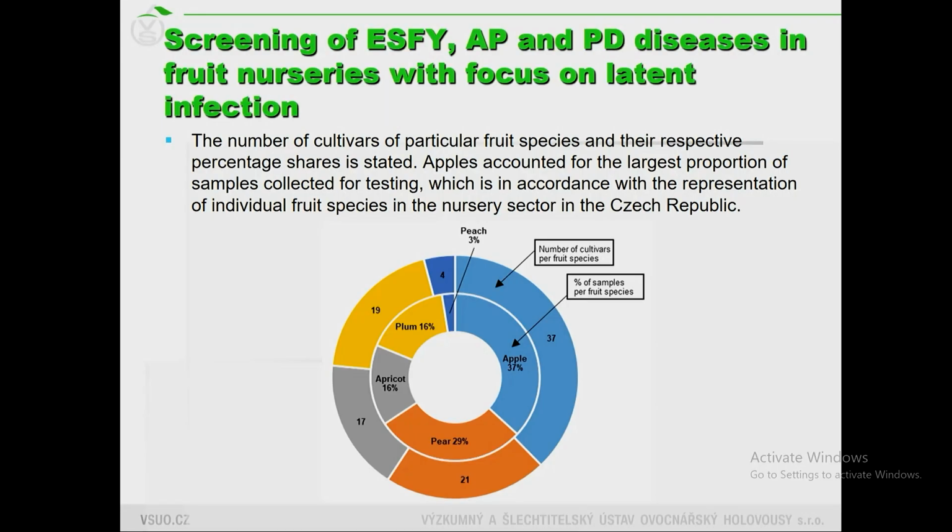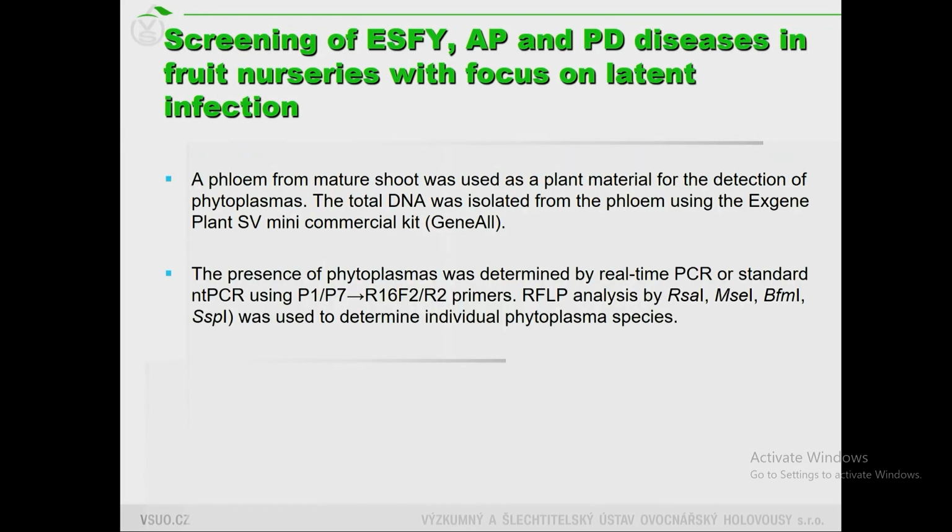So apple is very important, and the representation of samples taken by our team also reflects this fact. There were also, of course, plum, apricot, peach, and pear samples taken during our screening.